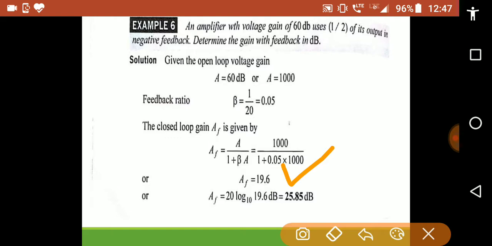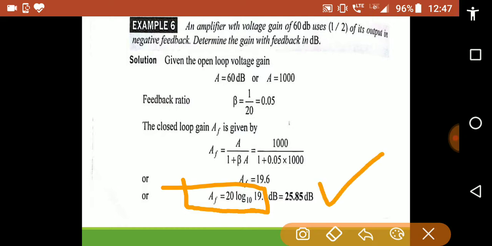So gain with feedback AF equal to 19.6. So the gain in dB is equal to 20 log 10 into AF. So 20 log 10 into 19.6 equal to 25.85 dB. So this is the gain with feedback in dB.